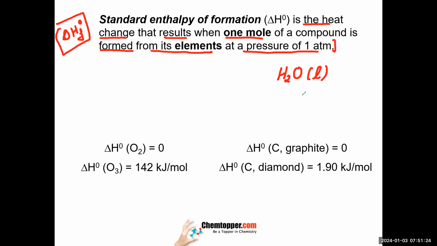Formation of this compound, formation means it is the product, from its elements. What are the elements, children, in water? There are two elements. Yes, Naisha, what are these two elements? Hydrogen and oxygen. Yes. What is the standard state of hydrogen under normal condition?